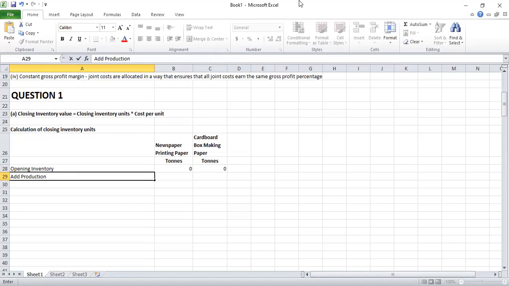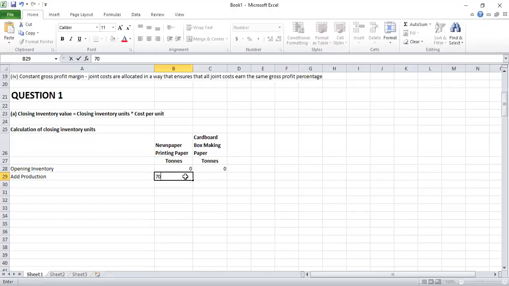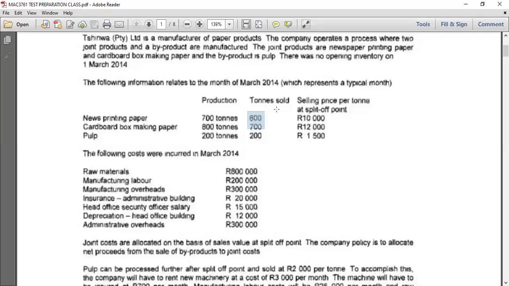We know that from the production, we had 700 and 800. I didn't include the pulp because all the pulp was sold. So we have 700 and 800. Less sales, we have 600 and 700.